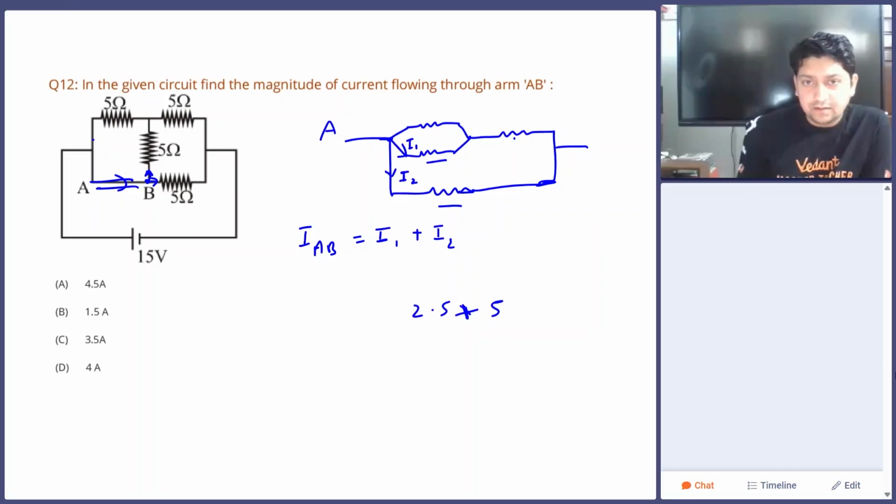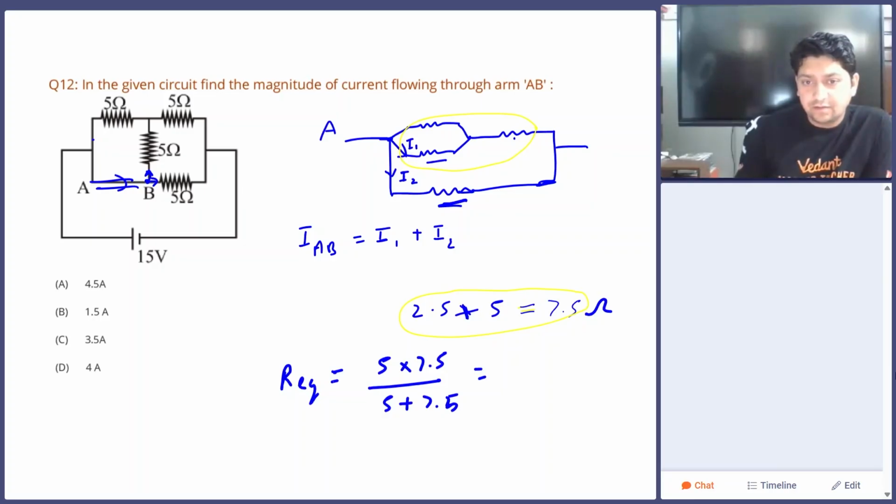The resistance over here comes out to be equal to 7.5, right? Now, this resistance, that is 7.5 ohm, is actually in parallel with the 5 ohm resistance. So the equivalent resistance of the whole circuit will be equal to 5 into 7.5 over 5 plus 7.5.